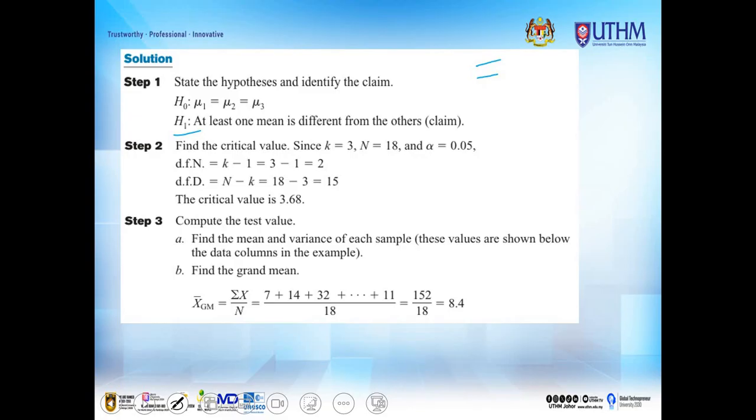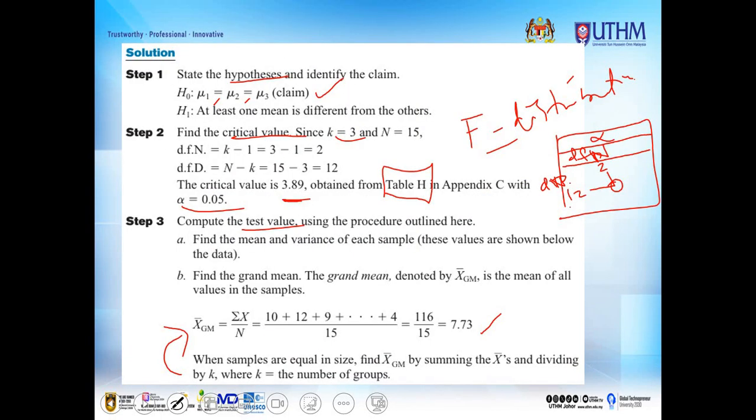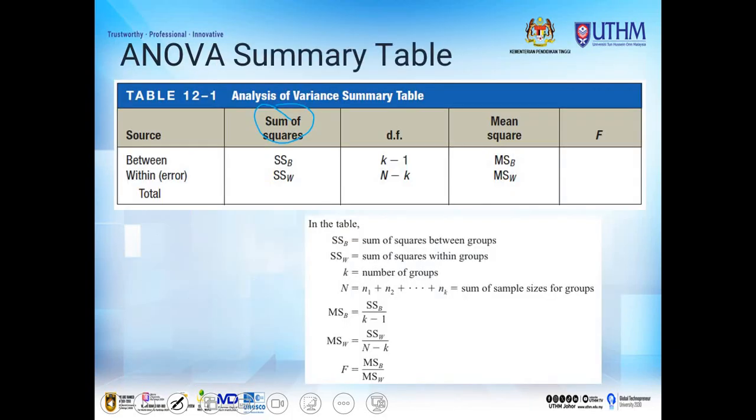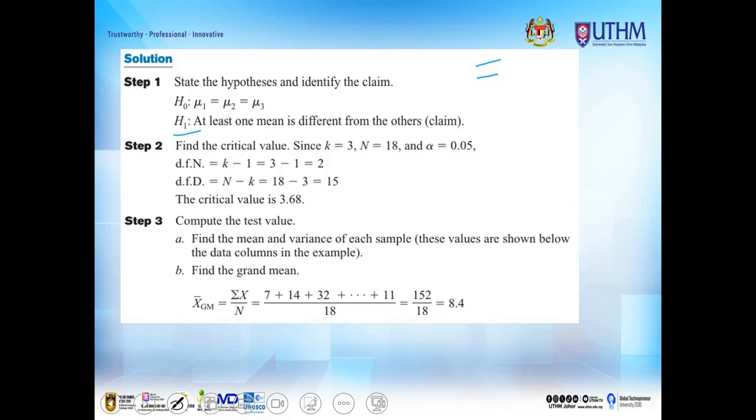Okay, second step, the critical value: k equal to 3, n equal to 18, alpha 0.05. So you basically get the values dfn and dfd, and the critical value from the table. So table H, yes, table H, or you can simply find the F distribution table.